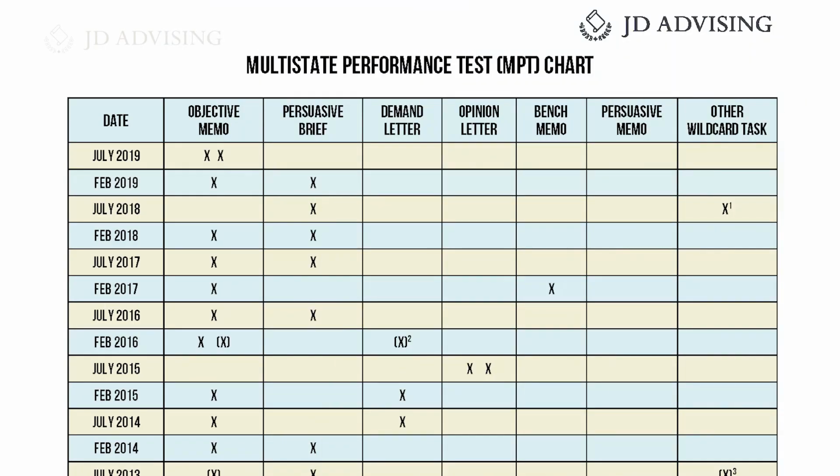There are as well other tasks that you might see on your MPT. We like to call these odd tasks or wildcard tasks. And as you can see, these are things like closing arguments, drafting portions of a complaint, some sort of early dispute resolution statement, redraft provisions of a contract, bench memos, and leave behind memos.